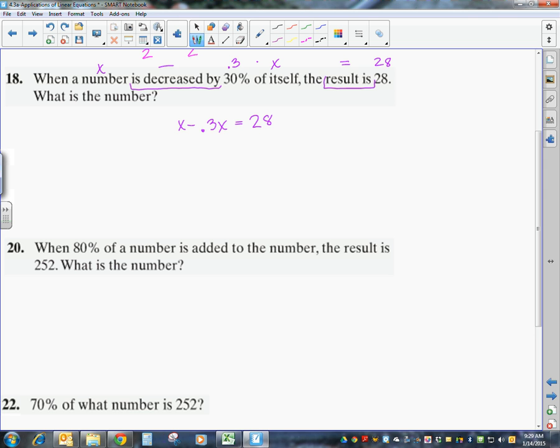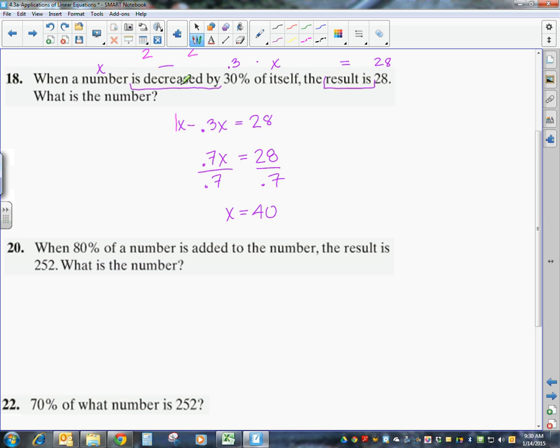Now when you're solving that, remember we've talked about the coefficient of this variable is the number 1 that we don't have to write. So 1 minus 0.3 is 0.7x equals 28. And then we divide both sides by 0.7, and x equals 40.